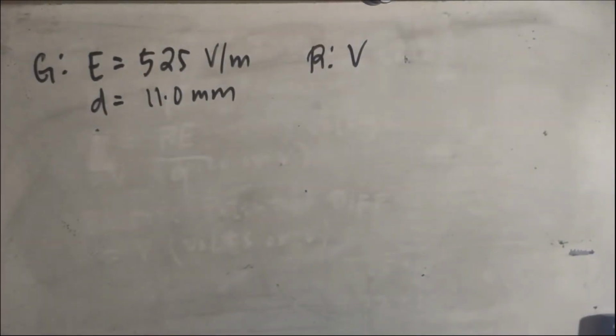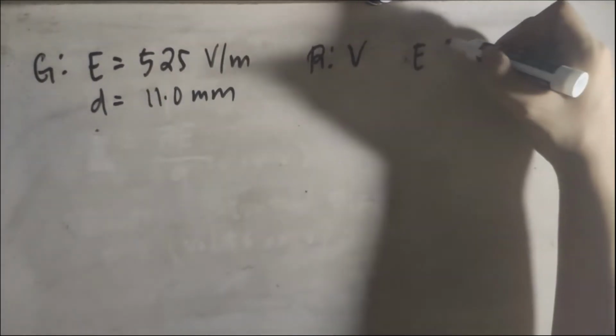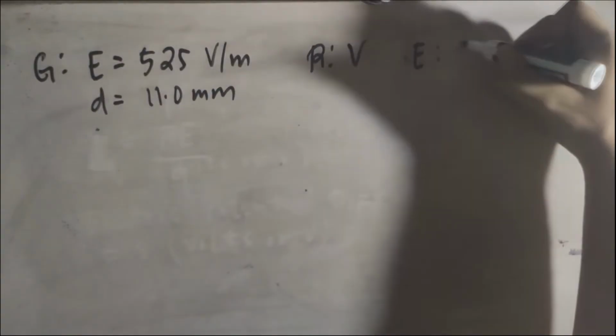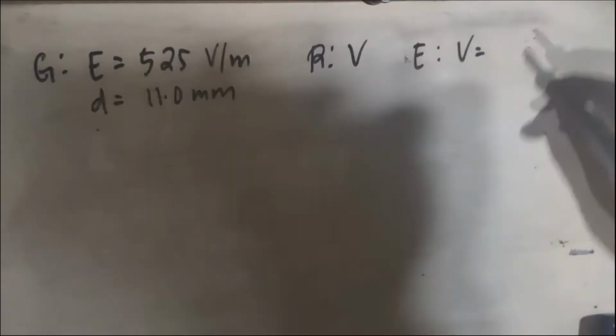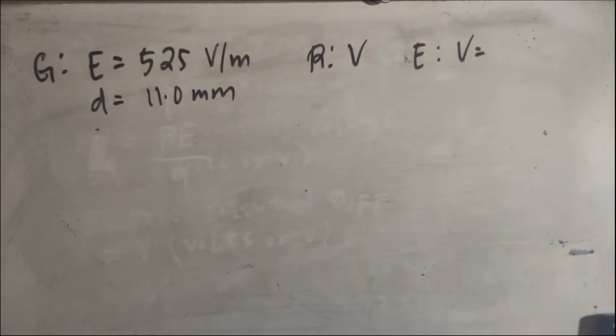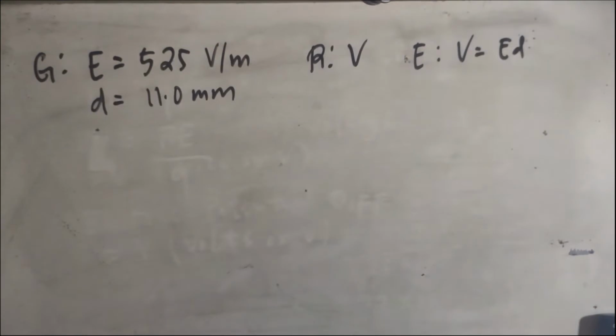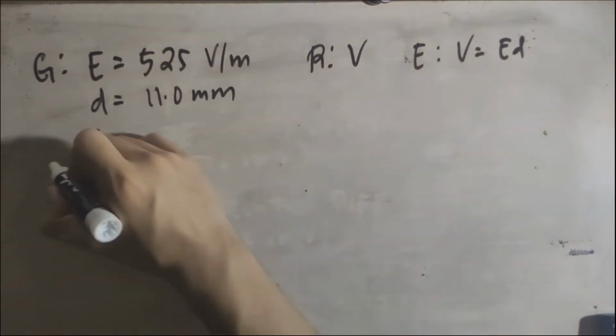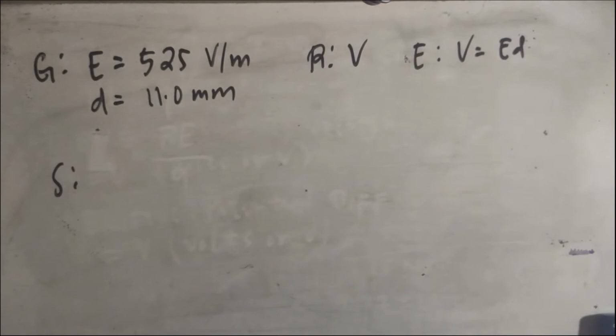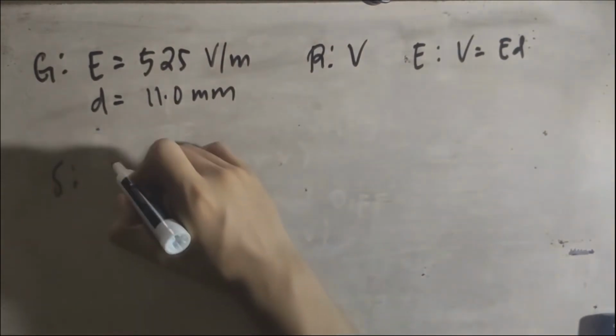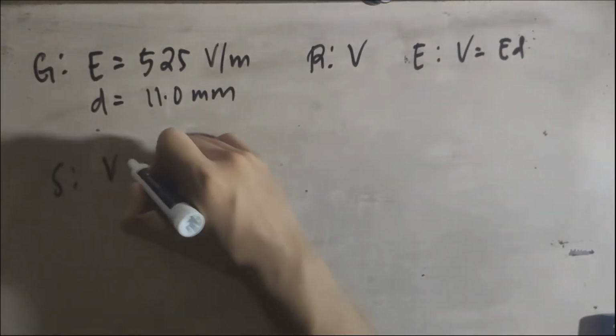The equation for that: voltage is equal to this one, really simple. That would be electric field times the distance. For the solution, it's just substituting the values.